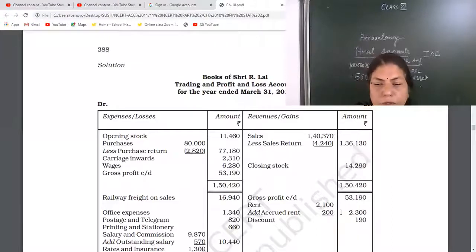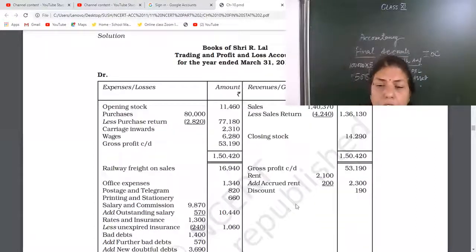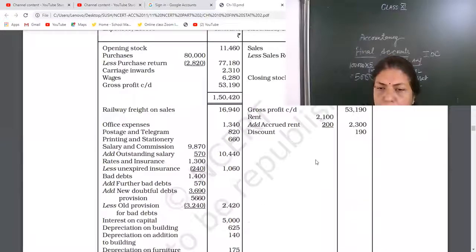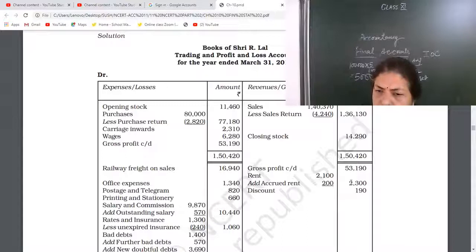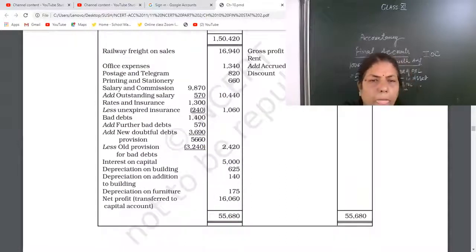Now this gross profit will be transferred to this side. By rent, credit. Accrued rent means receivable, should be added. See, 2100 plus 200, that is 2300. The discount received 190. Now come to the debit side.